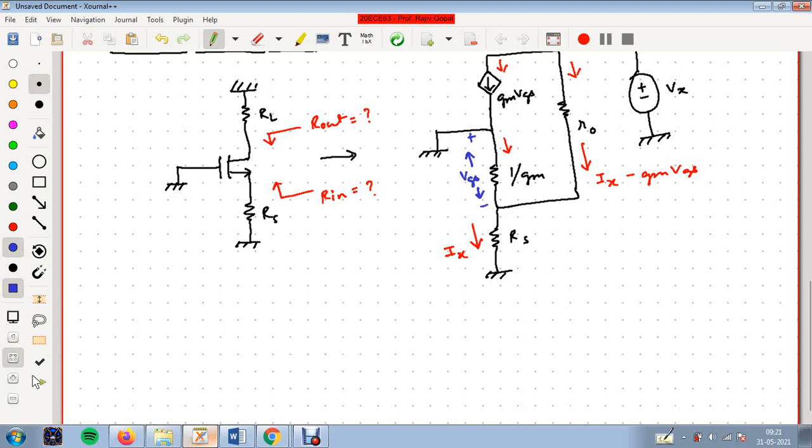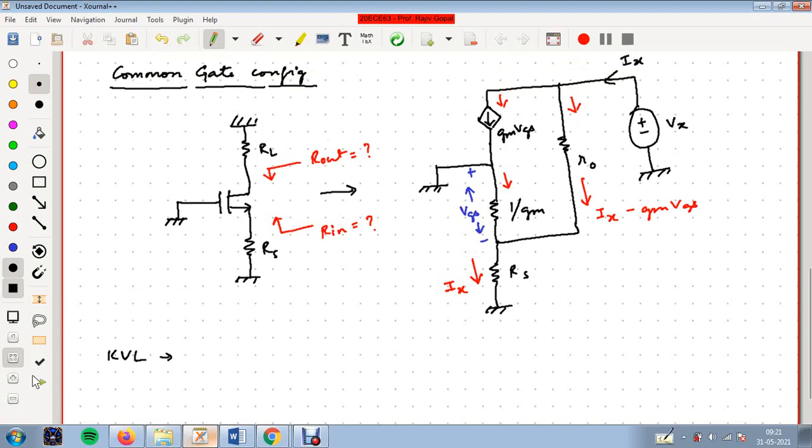If I apply KVL, starting from this point, I have Vx here. So I can write Vx is equal to Vx minus the voltage drop across R0 and the voltage drop across Rs.